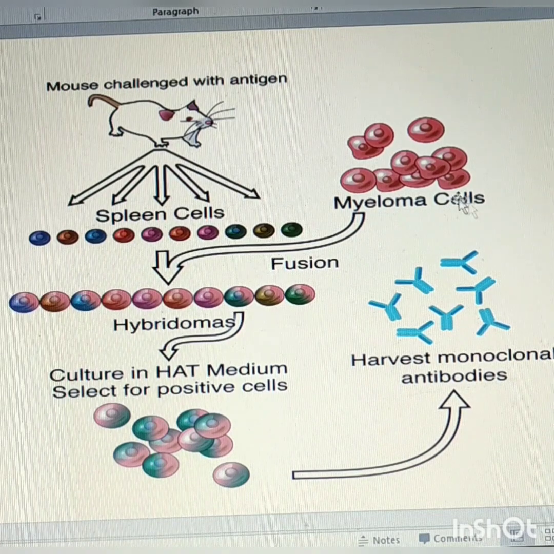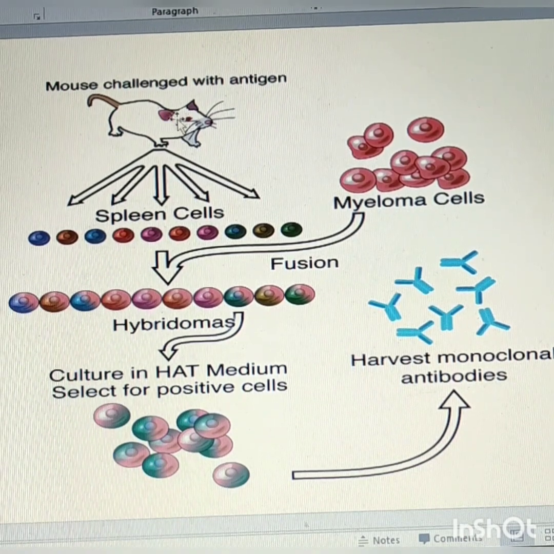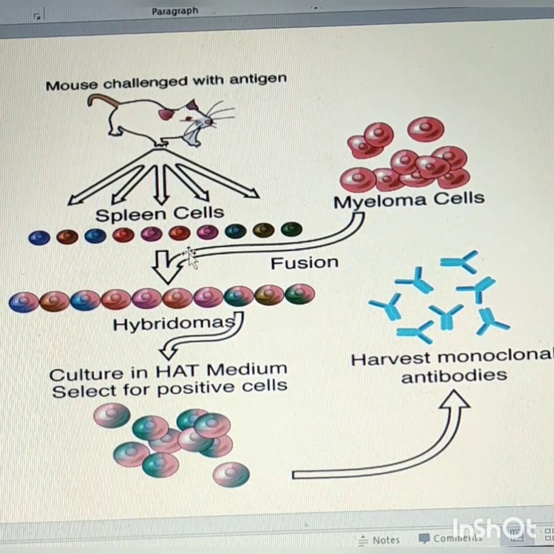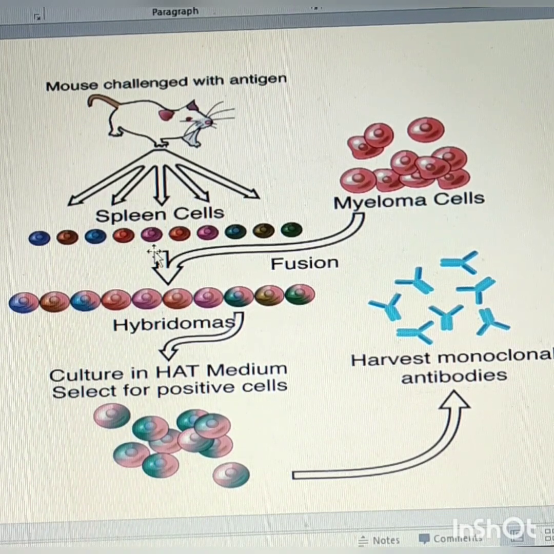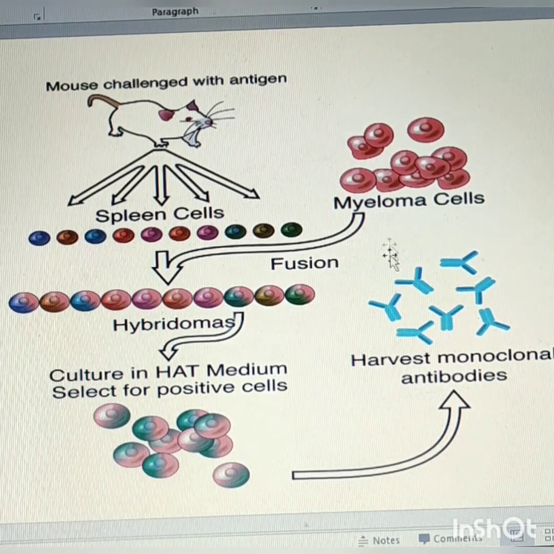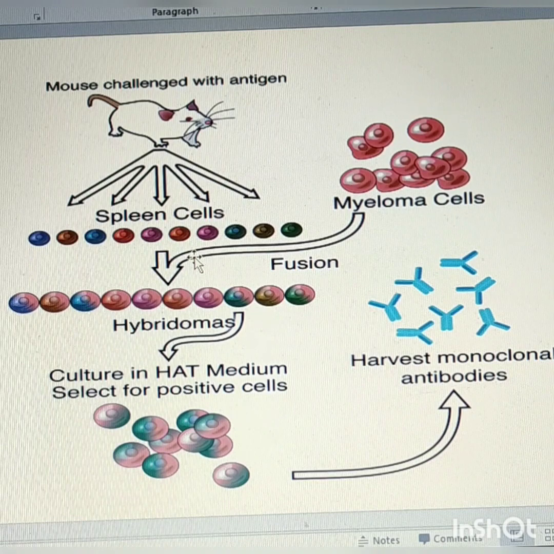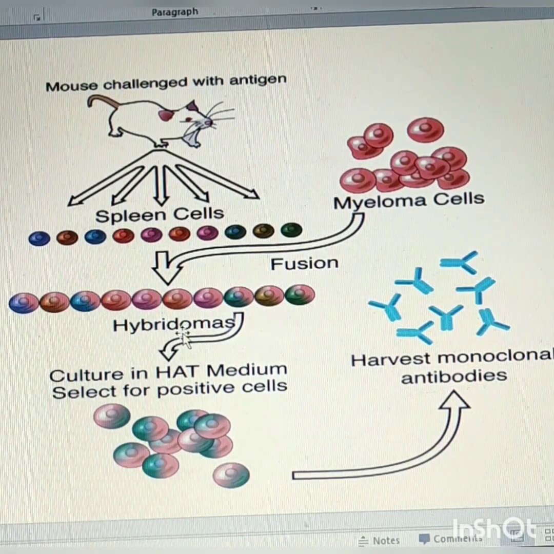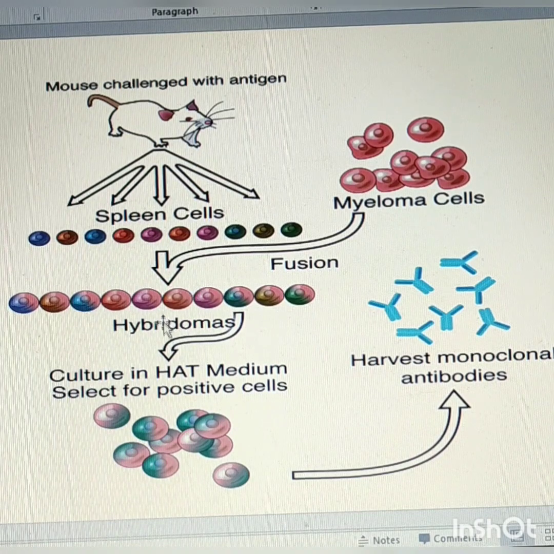If you notice the picture, the mouse is challenged with an antigen. So here are the spleen cells, and after fusion with the myeloma cell, the spleen cells form hybridoma, the immortalized antibody-producing cell lines.